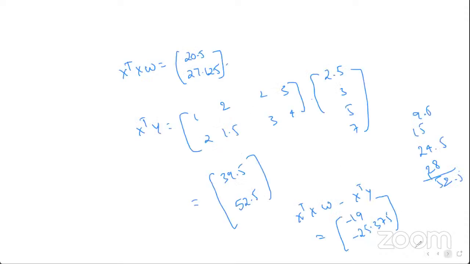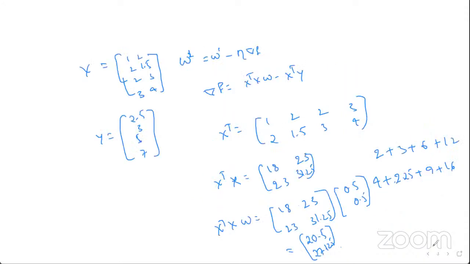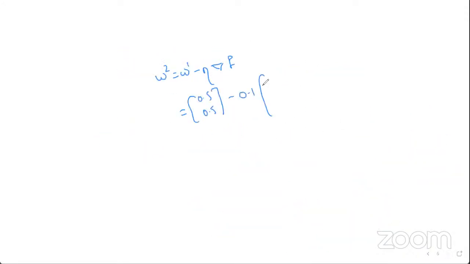Okay, now that we have the gradient, this gradient equals what? Minus 19, minus 25.375. Okay, now W2 equals W1 minus eta into gradient, right? So this W1 is nothing but this 0.5, minus eta, which was mentioned as 0.1, times minus 19, minus 25.375.